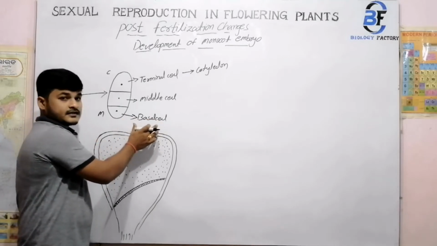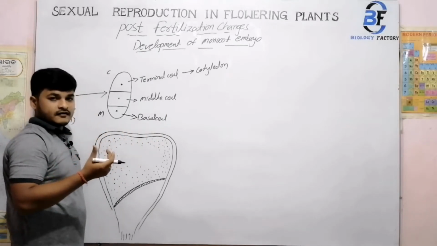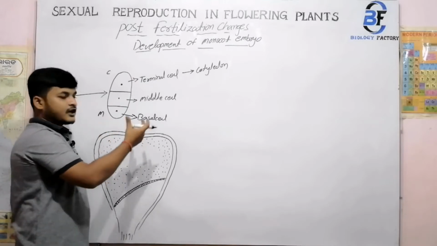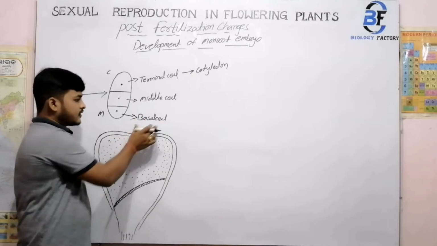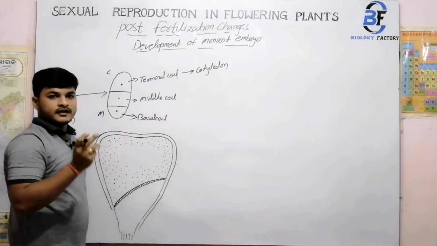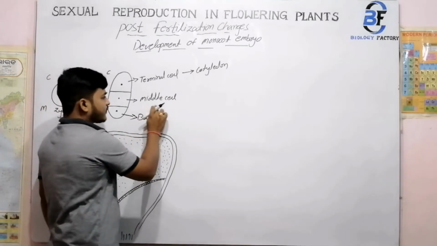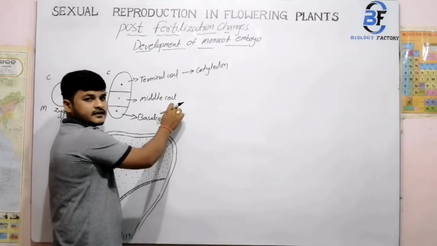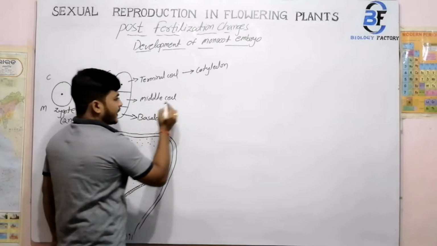From the basal cell the suspensor cells are formed, 7 to 8 cells, and then the posterior cells are formed, and a number of other changes happen in the basal cell. But here the basal cell simply looks a little bit bigger. That's it. So here the middle cell plays a vital role. Most of the changes in the monocot embryo come from the middle cell.